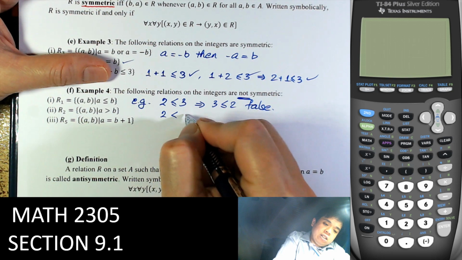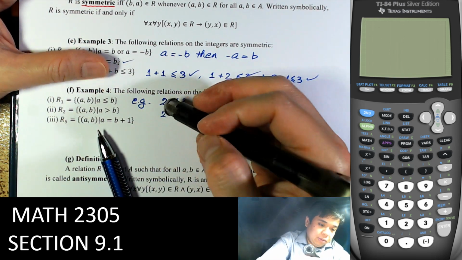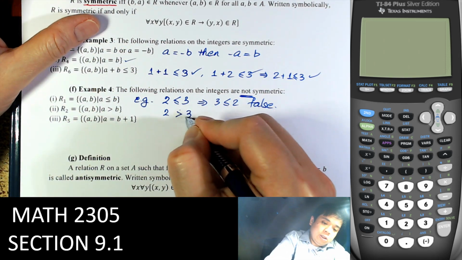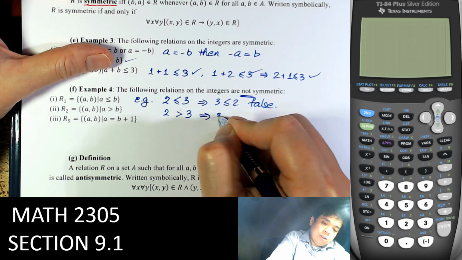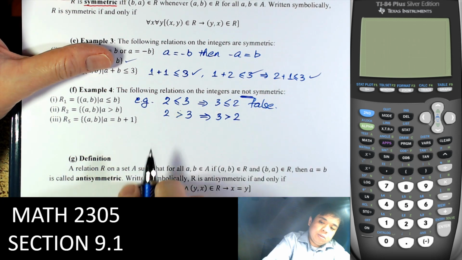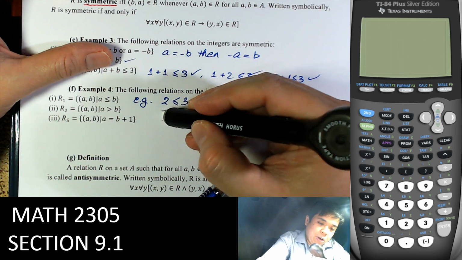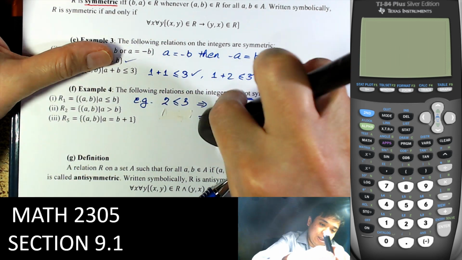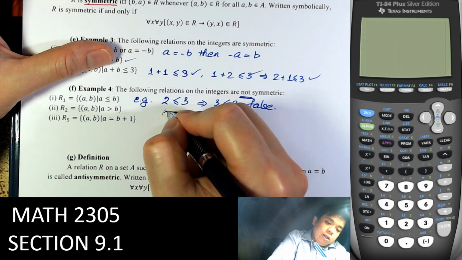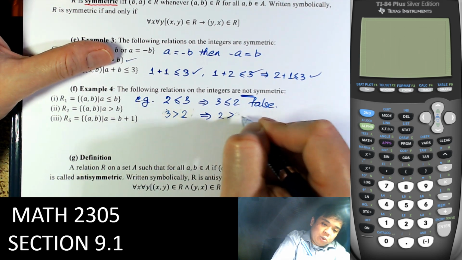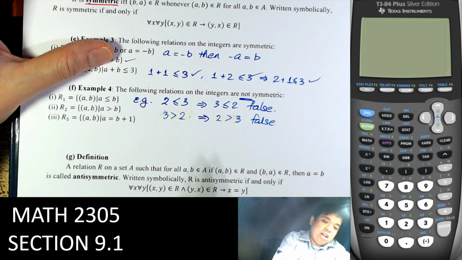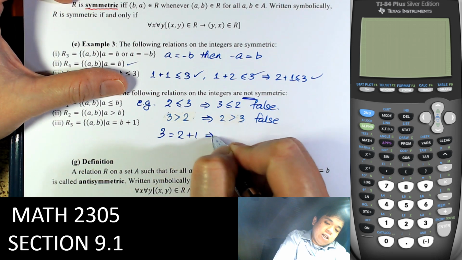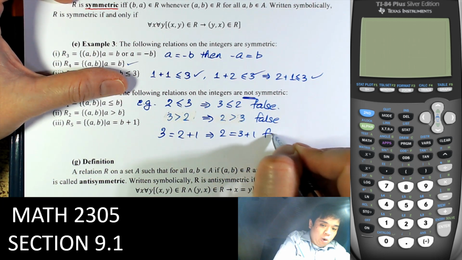Same thing for greater than: 3 greater than 2 does not imply 2 greater than 3. This is false. And the last one is also false. If we have 3 equal to 2 plus 1, it doesn't mean 2 is equal to 3 plus 1. So all of those are false.